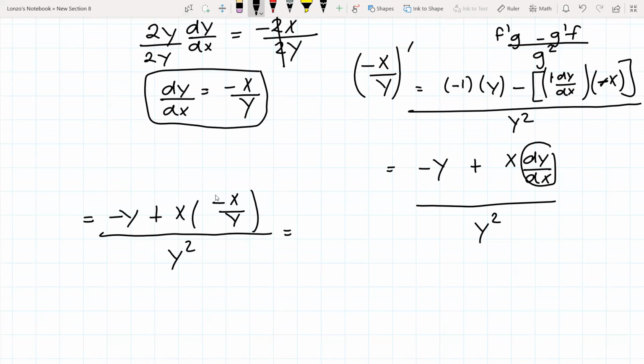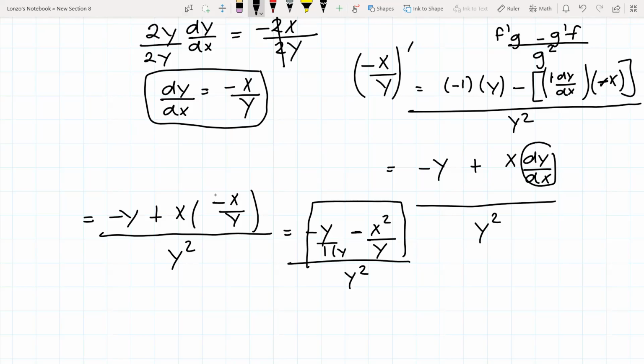So that would be negative y minus x squared over y, over 1, all over y squared. So we have a complex fraction, right? So let's simplify the numerator. This needs a y, so that'd be negative y squared. So it's like saying negative y squared minus x squared all over y squared.